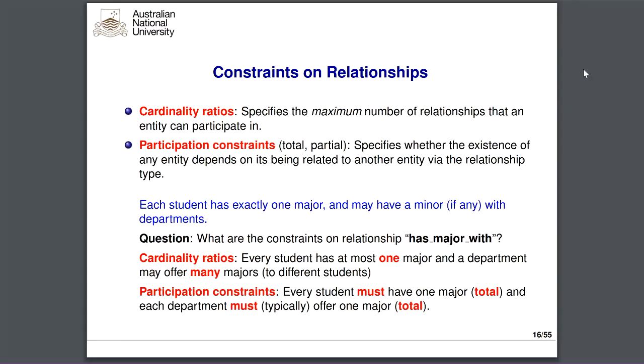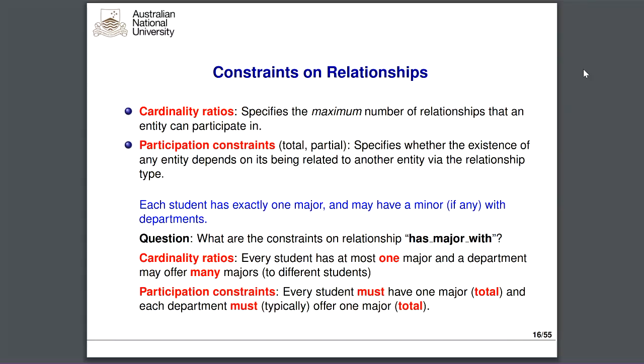The other part is the cardinality ratios. They specify the maximum number of relationships in which an entity can participate in a certain kind of relationship. And the participation constraints can be total or partial. That's looking at the relationship: it specifies whether the existence of an entity depends on its being related to another entity through some sort of relationship.